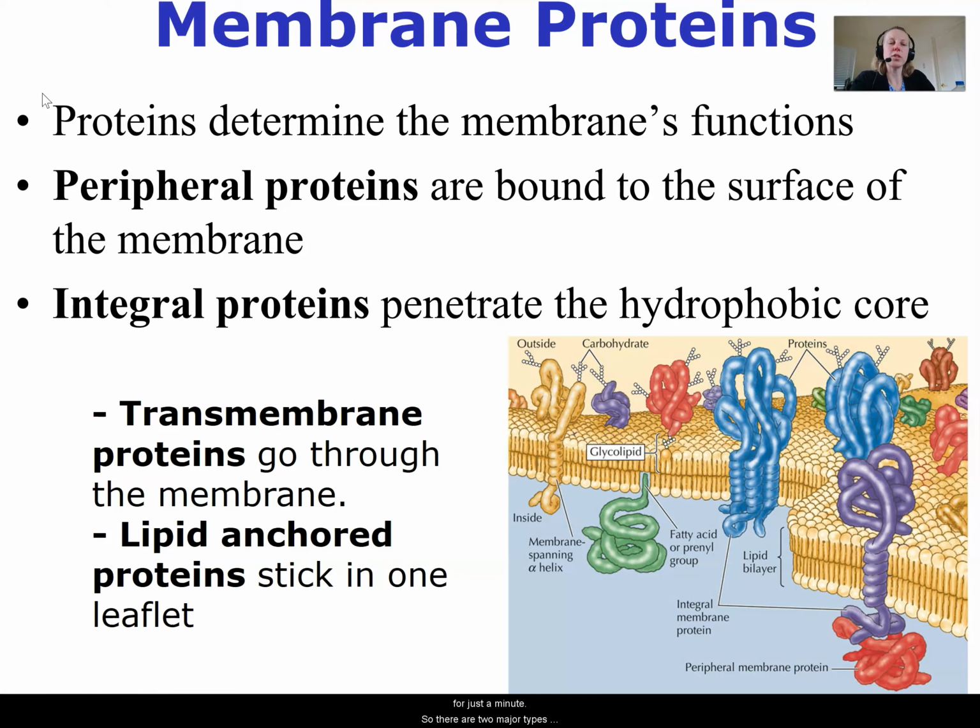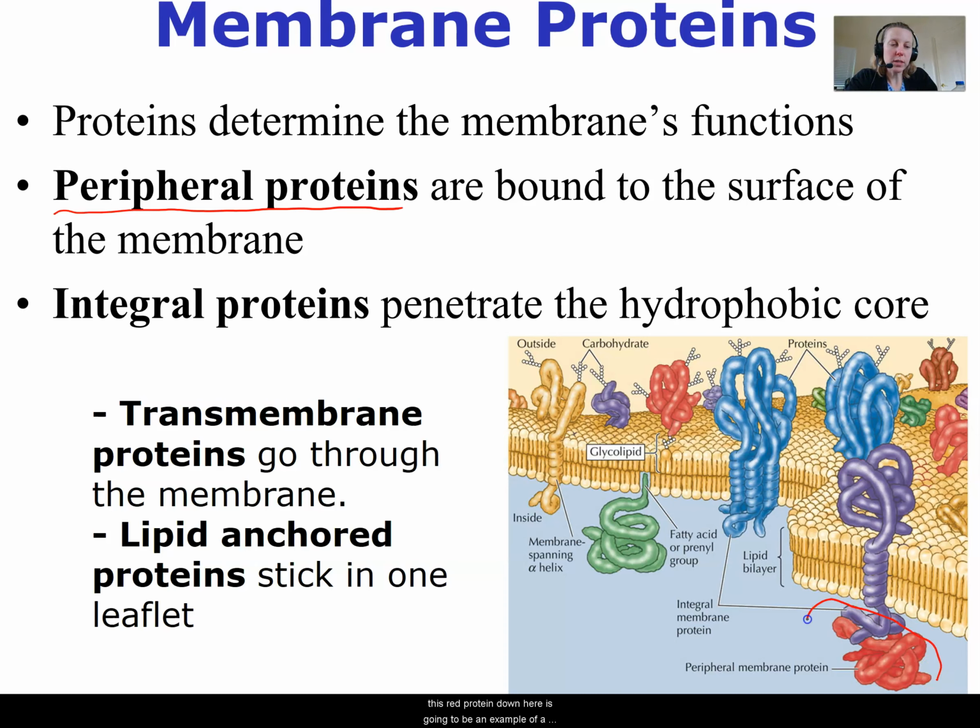Let's focus on talking about the membranes in more detail for just a minute. So there are two major types of proteins that are involved in the cell membrane. The first one are peripheral proteins. These peripheral proteins are proteins that are bound to the surface of the membrane. They don't actually go into the membrane themselves. They don't actually get embedded into the structure of the membrane. They're just around the edge.